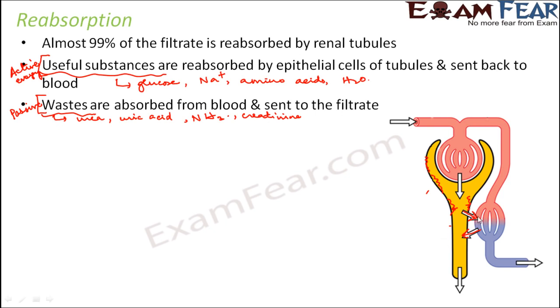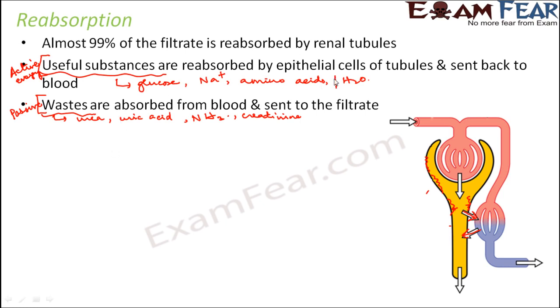The wastes will move from the blood capillaries into the epithelial cells of the tubules, and then the epithelial cells will secrete the waste products into the filtrate. That is how the wastes will be transported.